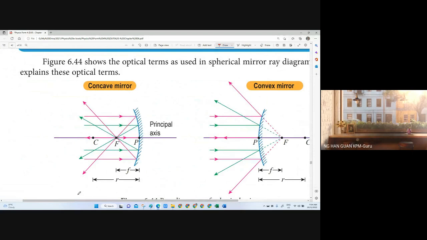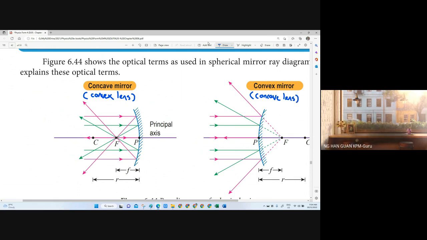For the concave mirror, you treat it similar to a convex lens. For the convex mirror, you treat it similar to a concave lens.